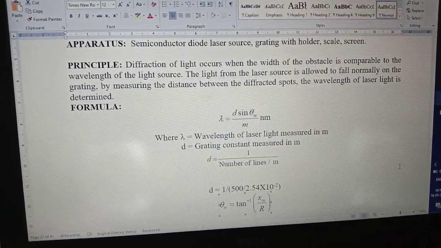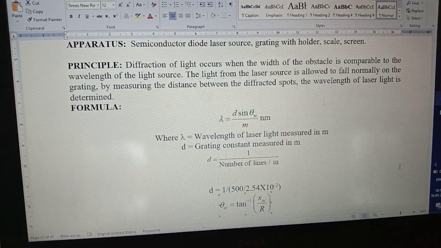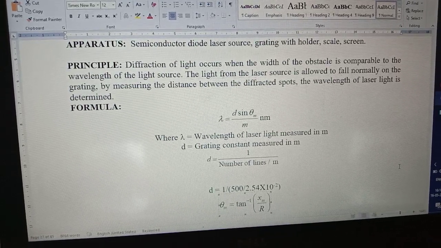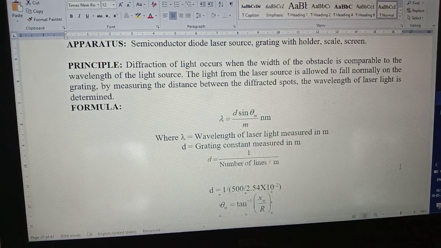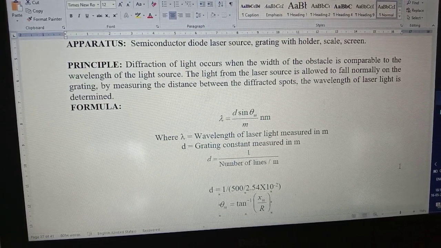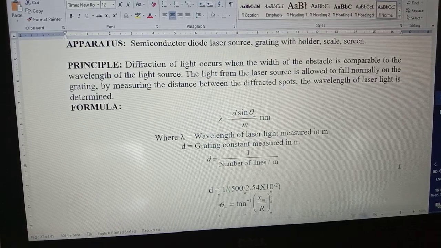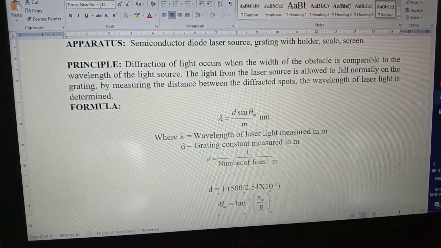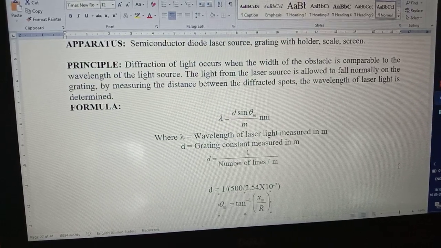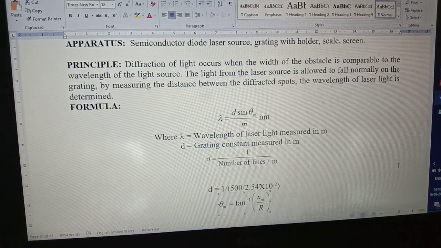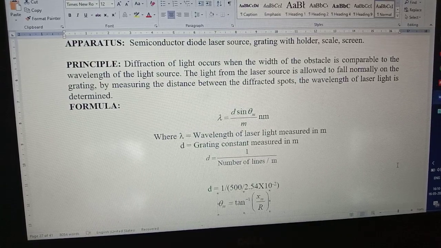For other diffraction fringes, as the order of diffraction increases, the intensity of the light keeps on decreasing, in the ratio 1 : 1/2² : 1/3² : 1/4². In that order, the diffraction light intensity decreases.